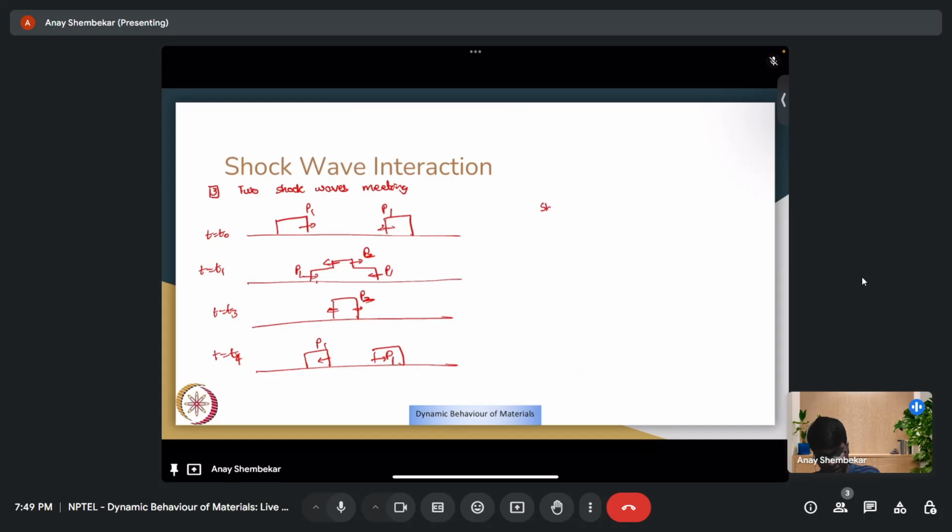So in this case, we have shock wave fronts with the same peak pressure, parallel to each other.